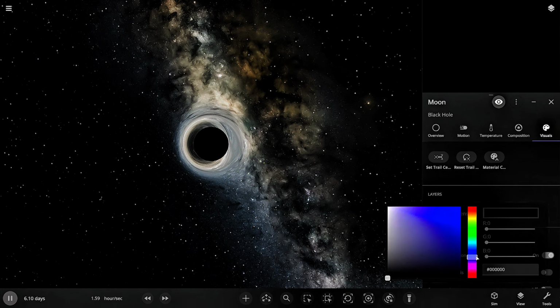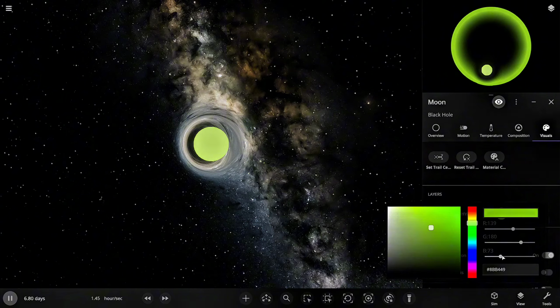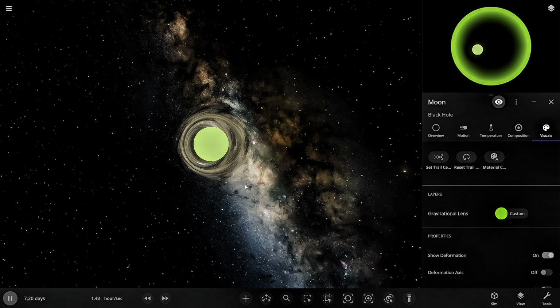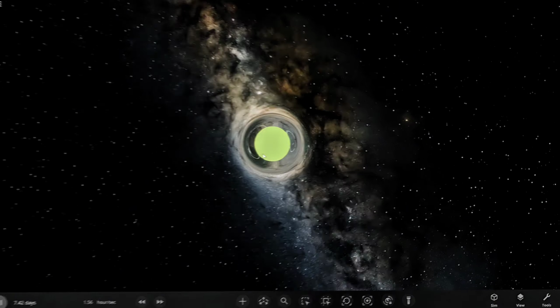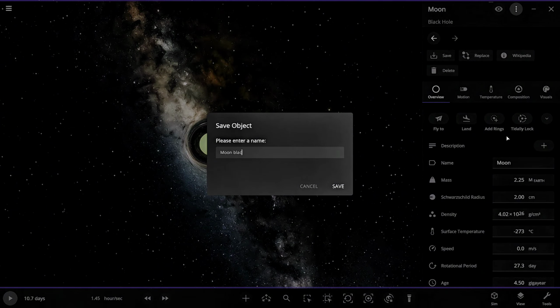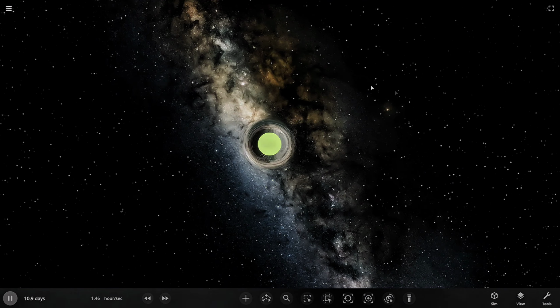You can't actually see it because it doesn't emit light. So to track it, I changed its color, just so we can see where it is. Because what you're seeing isn't the black hole itself, but space bending around it. And then I saved it, giving it a name, Moon Black Hole, because this used to be the moon.